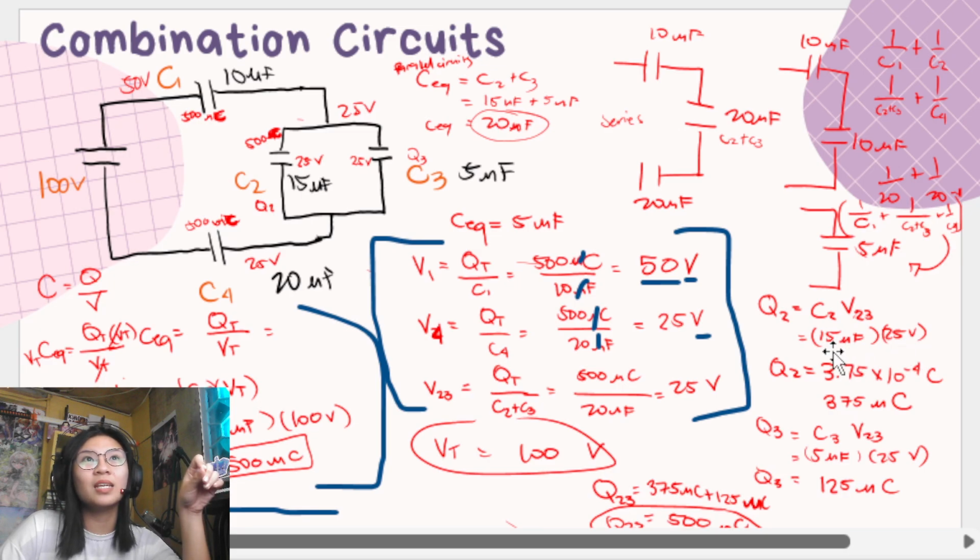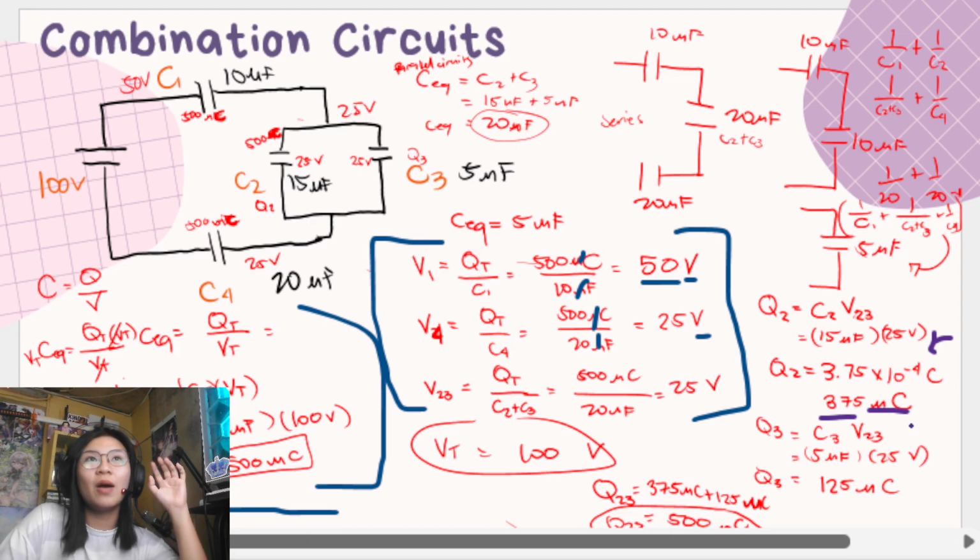Remember my technique: since we have micro, you just copy the micro, and farad multiplied by voltage is coulombs. So that is why this is microcoulomb. 15 multiplied by 25 is 375. Or if you really want the long way, use scientific notation. So that will be 3.75 times 10 raised to negative 4 coulombs.